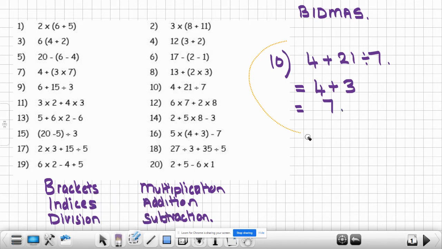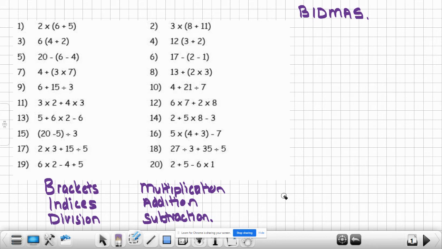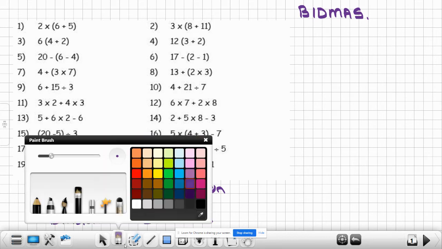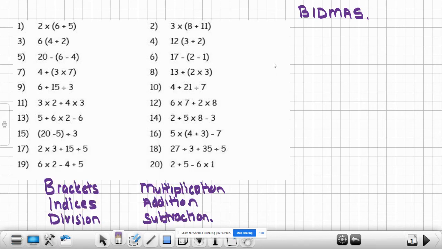Okay, hopefully you're getting the hang of this. So let's have a look at one of the more complicated ones. Let's move on to question 16, where we've got 5 times 4 plus 3 minus 7.